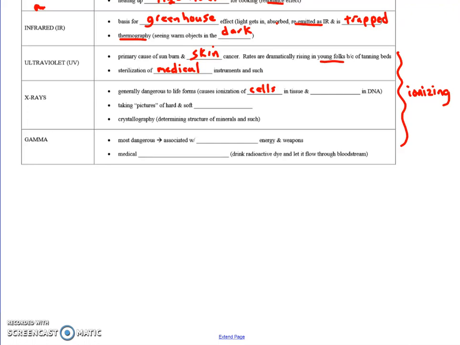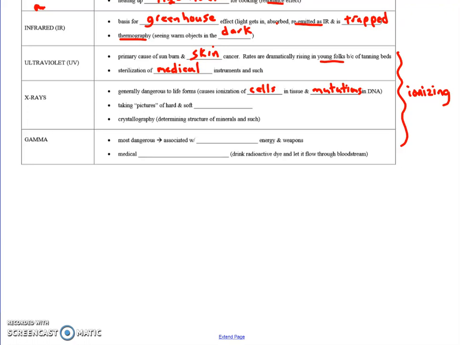When you kill enough cells, then you start getting sick. Worse yet, you can create mutations in DNA. Those mutations generally are not good. They can be deadly or they can be completely innocuous, but they rarely help you out. So exposure to especially these three types can lead to those.